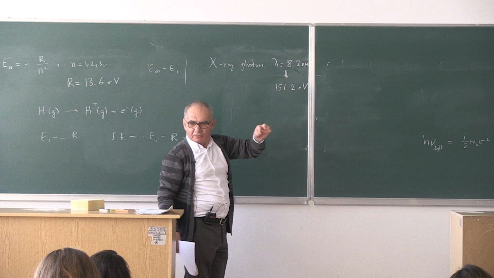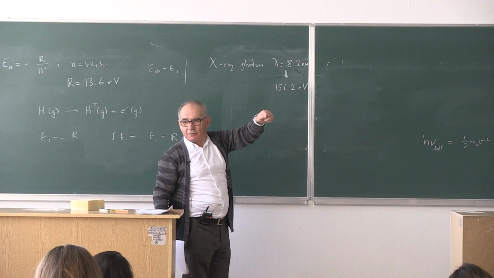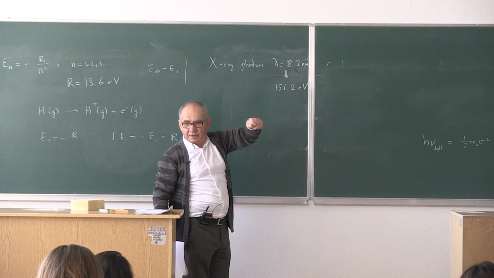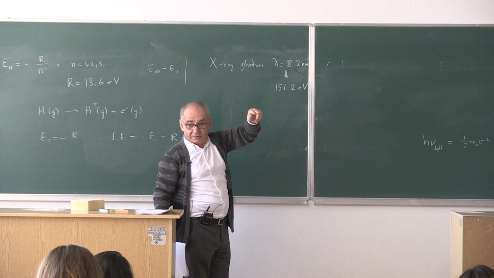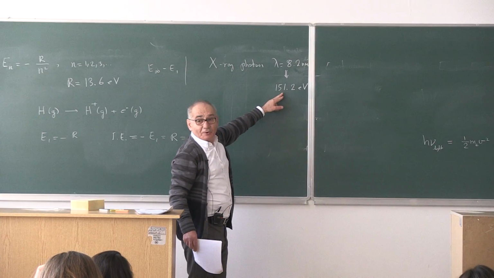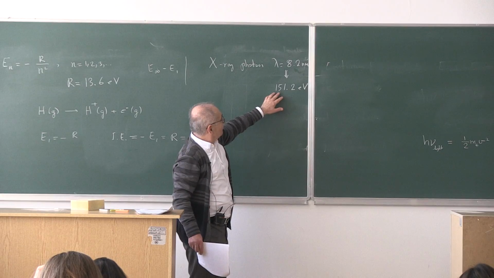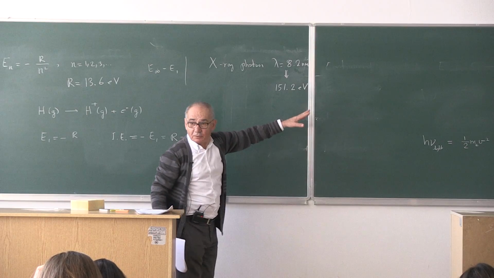So you need frequency of the light, but from this data, frequency is equal to C over lambda. And then you multiply with H, and you convert it into electron volt unit. It is 151.2 electron volt.